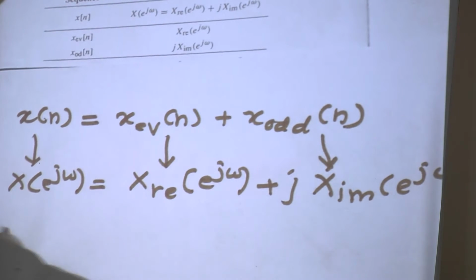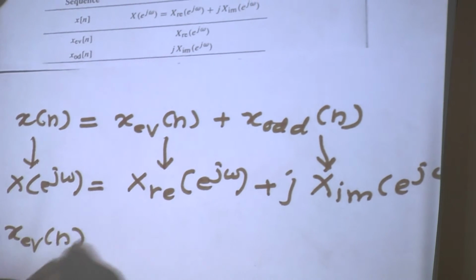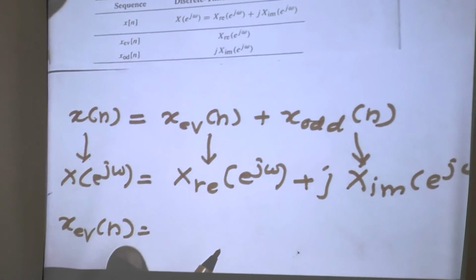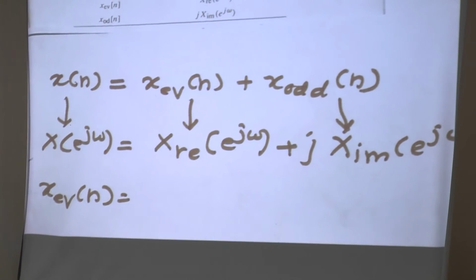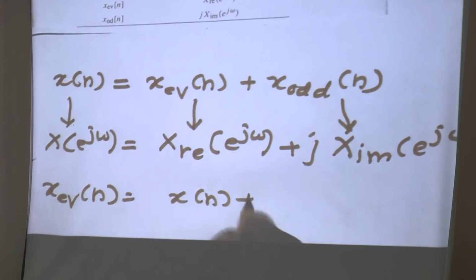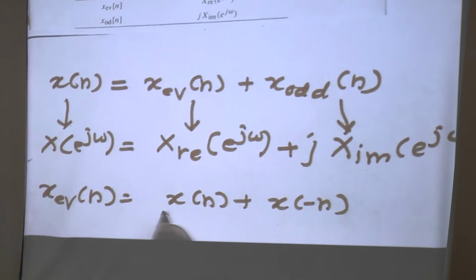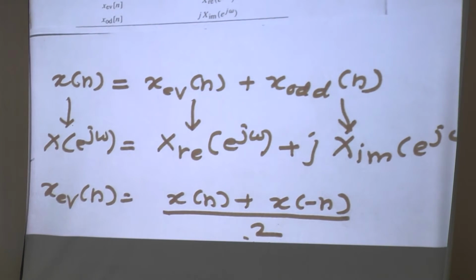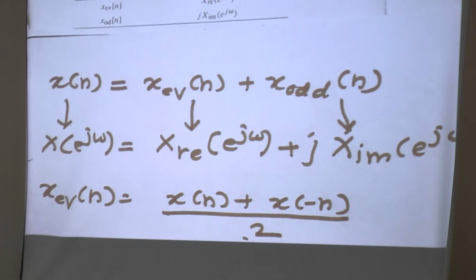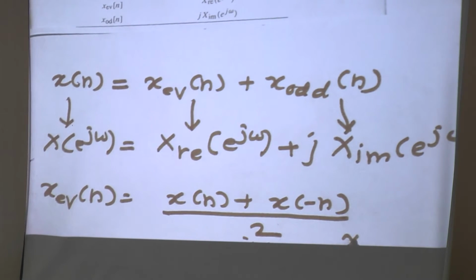How do you write x even[n]? Suppose you want to find the even part of x[n]. You write x[n] plus x[-n] divided by 2. Take the Fourier transform of both sides. The Fourier transform of x[n] is X(e^{jω}), plus the transform of x[-n], X star(e^{jω}), divided by 2.